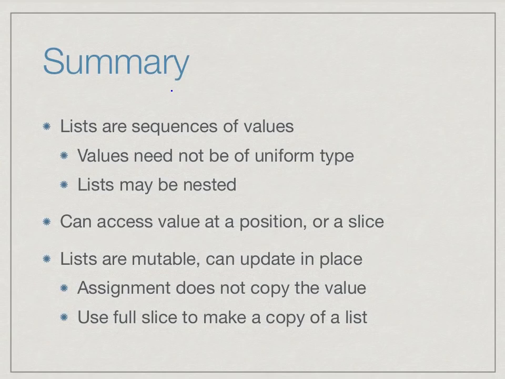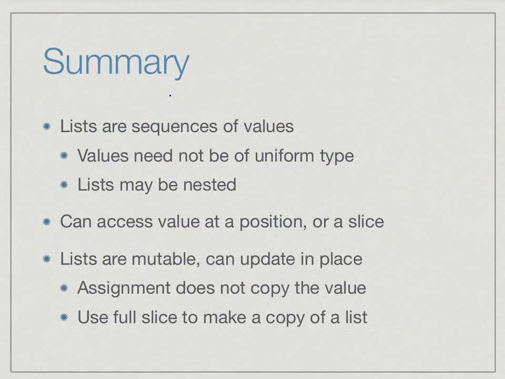So to summarize, we have now seen a new type of value called lists. A list is just a sequence of values. These values need not be of a uniform type. We can have mixed lists consisting of lists, booleans, integers, strings, although almost always we will encounter lists where the underlying content of a list is of a fixed type.